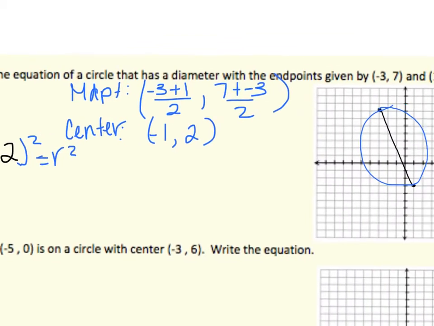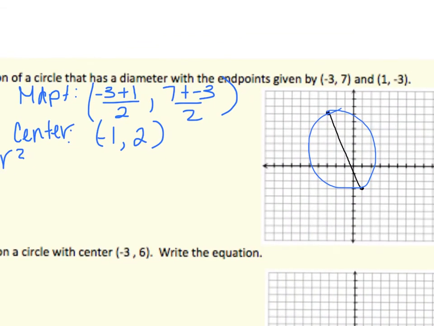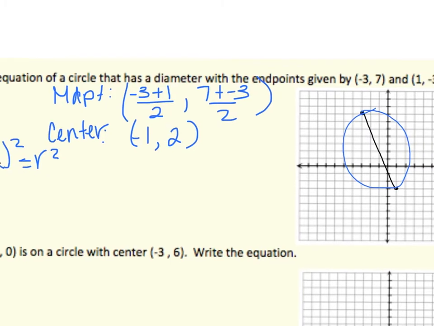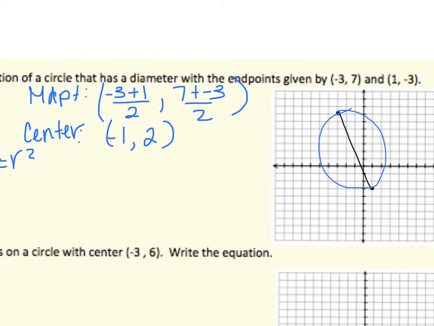There are a couple of different ways. You could find the length between the two endpoints of your diameter and divide it by 2, or you can use the center point, your midpoint, and one of the endpoints and find that distance, because that's the radius. That's what I'm going to do. I'll take the center point and the endpoint (-3, 7).